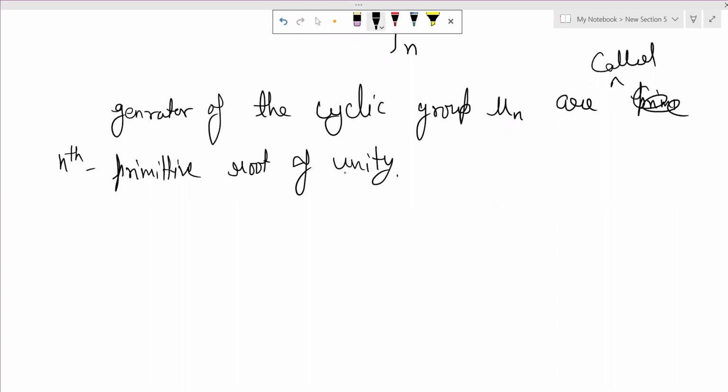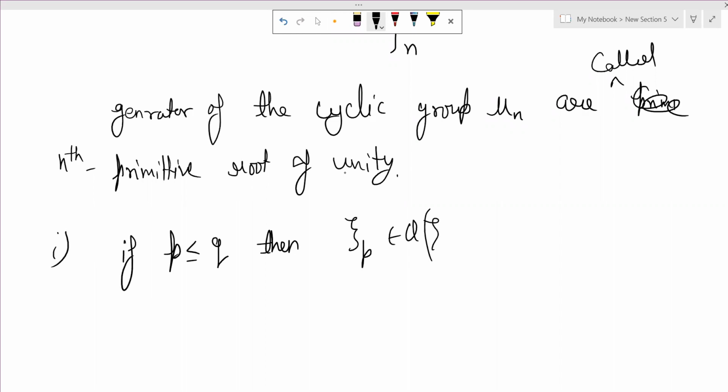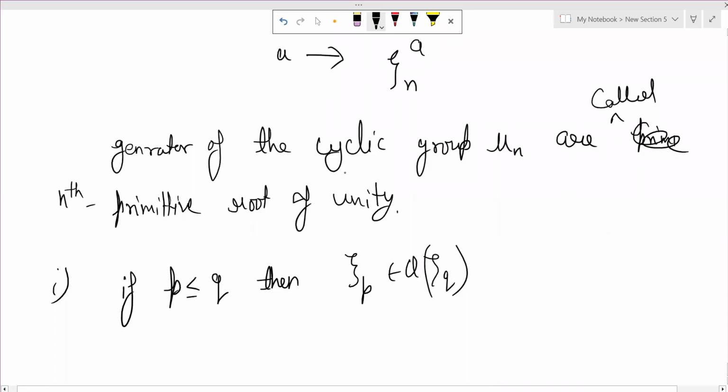So the first statement is saying that if p is less than q, then zeta p belongs to Q of zeta q. Q of zeta q means the splitting field of the qth cyclotomic polynomial, which is x to the power q minus 1. Its splitting field is called Q of zeta q.